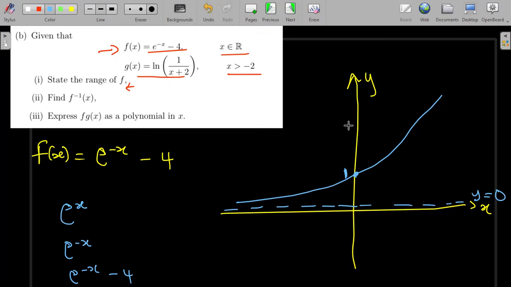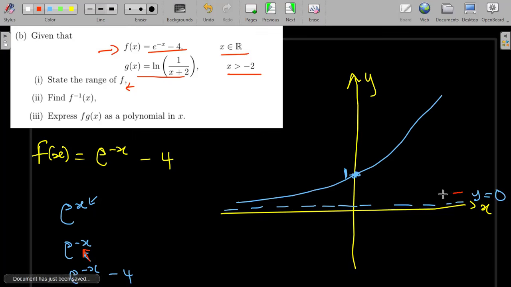So how is 1 our y-intercept? We know that on the y-axis, x is always 0. So if you put 0 where there's x, it will just be e to the power 0, and e to the power 0 is 1. So that's where this intercept is coming from. Now if I put a negative x in the power there, then this graph here will be reflected about the y-axis.